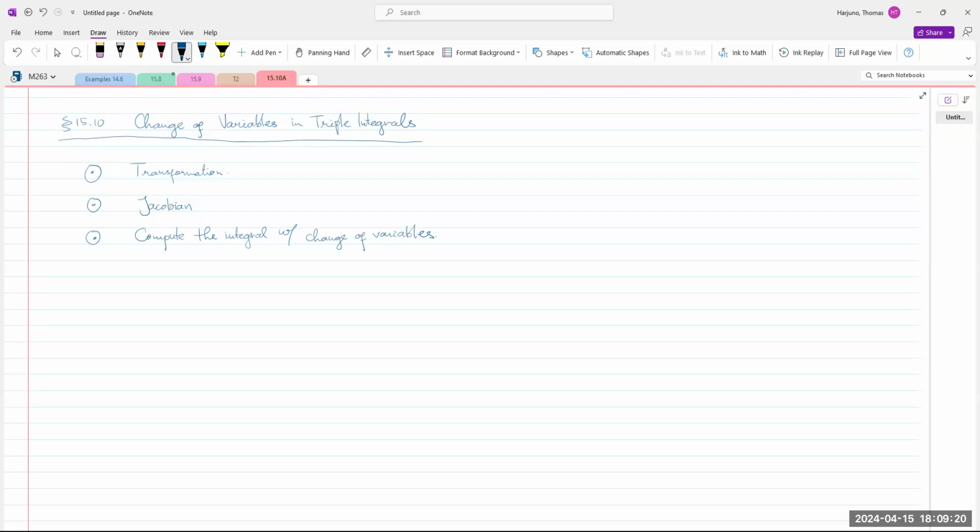The hard part is actually the first part, the transformation. That requires a long explanation. But because it's hard, I will start with computing Jacobian for now. Okay, Jacobian.